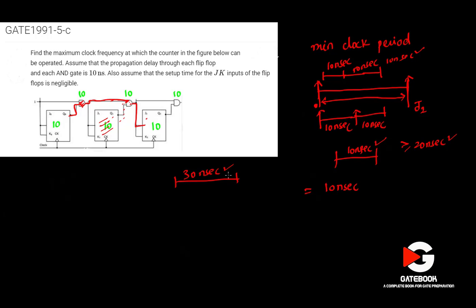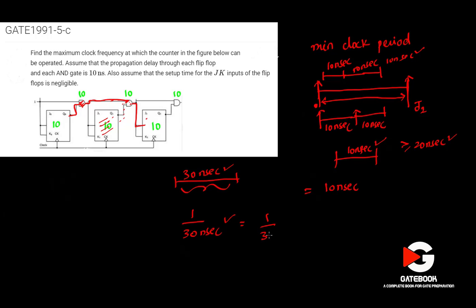Right. So if the question is about the maximum clock frequency at which the counter in the figure can be operated, if we are only focusing on the counter, then the counter can work if you fix a 30 nanosecond period. So the clock period is 30 nanosecond, then the frequency is 1 by 30 nanosecond. You know that, correct? So this is the answer. If I simplify it, nano means 10 power minus 9.